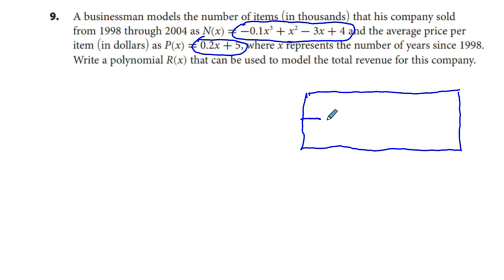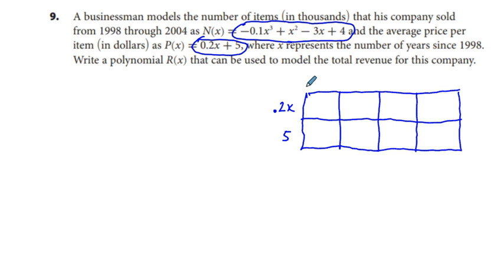Here we have 2 rows. These 2 rows represent the 0.2x and this 5 here. And on top, we have room for 4 terms.